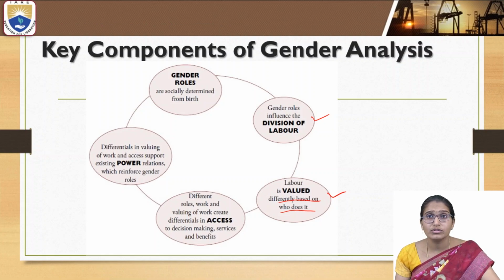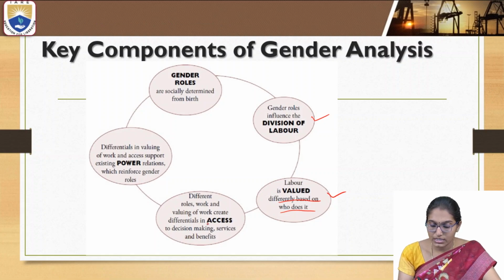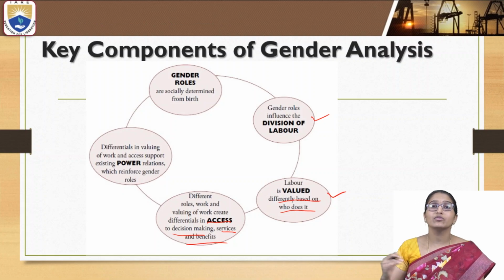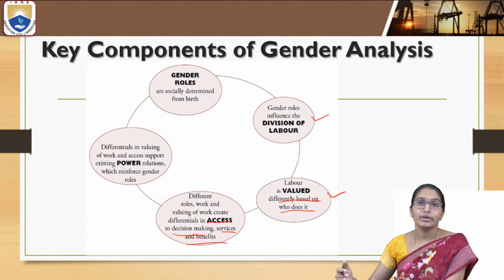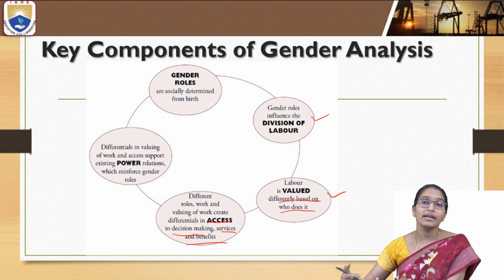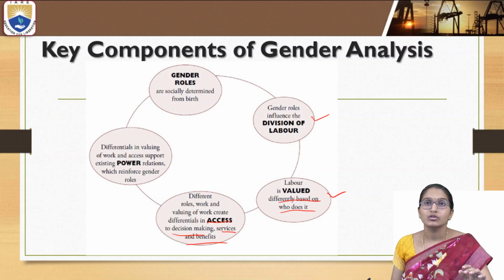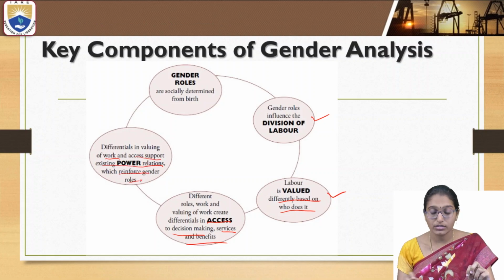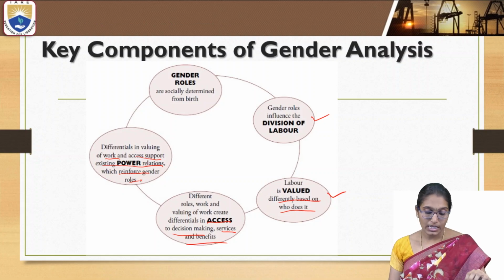And different roles, work and valuing of work differentiate access to decision making as well as services and benefits. So what is the access of women and men to a particular service or the benefits or decision making. Based on these terms, and also the power differentials in valuing the work and access, support existing power relations which reinforce the gender roles.